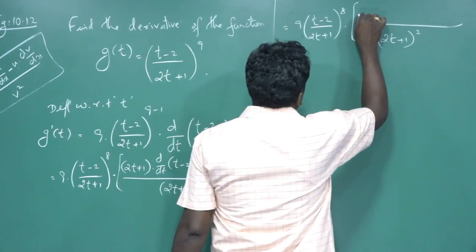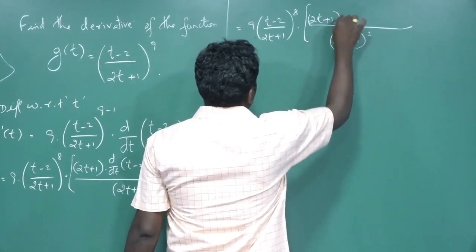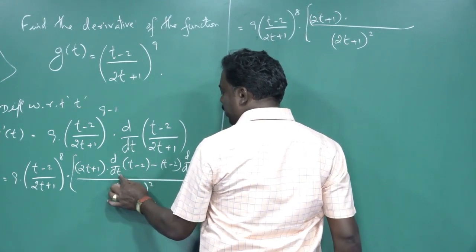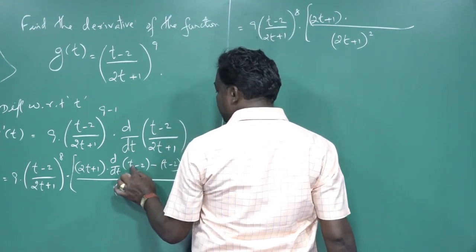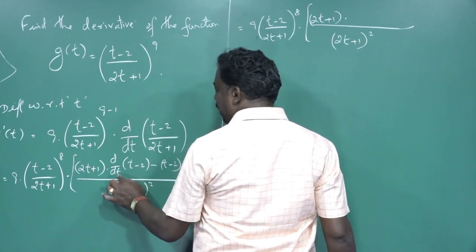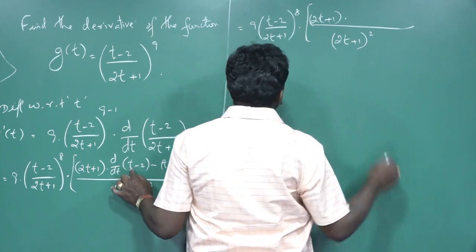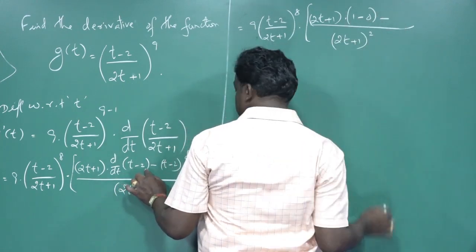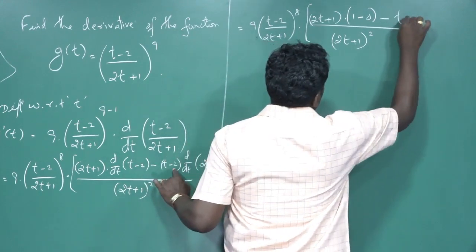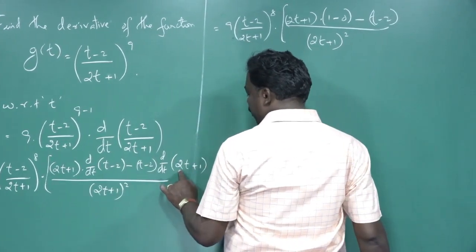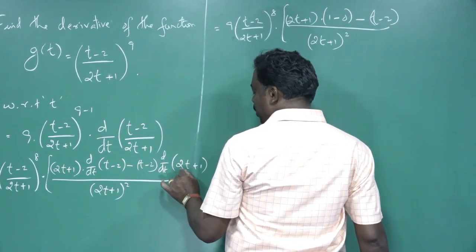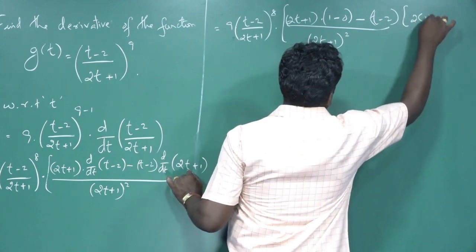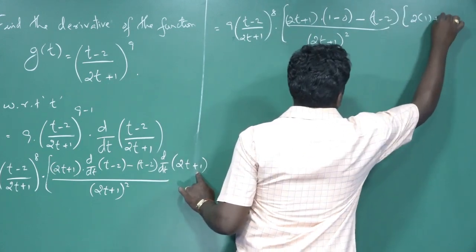Then the term 2t plus 1 into the differentiation of t minus 2 with respect to t: t differentiated with respect to t is 1, minus 2 is a constant term so it is 0, minus t minus 2 as it is. Differentiation of 2t plus 1: 2 into the differentiation of t, which is 1, therefore 2 into 1 plus constant term 0.